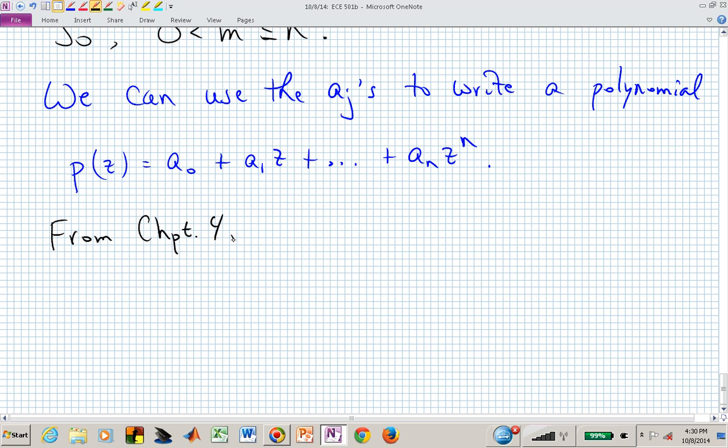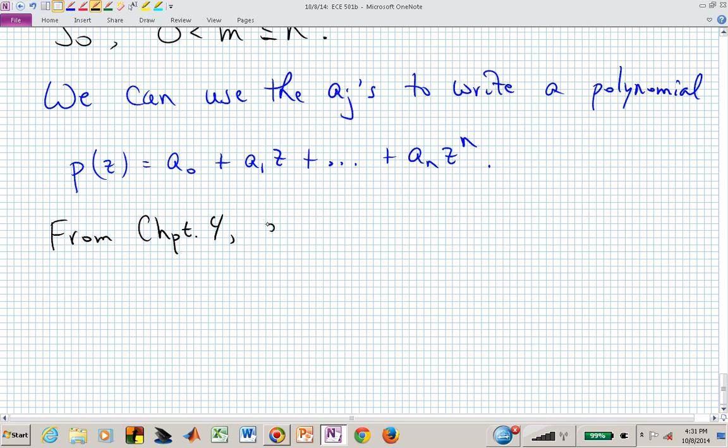Now, how well do you have Chapter 4 memorized, since we skipped over Chapter 4, or that was on you to read? Now this is this property of algebra. Now we know for an nth order polynomial, we can have n roots of that polynomial.